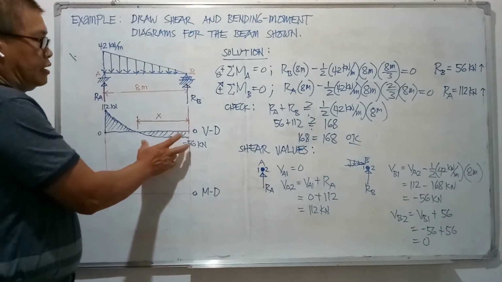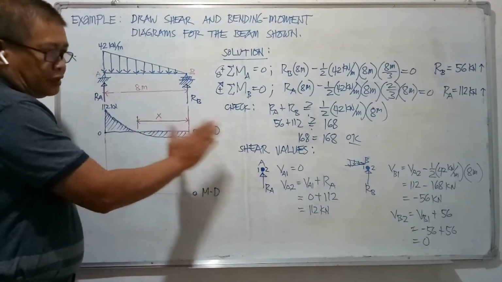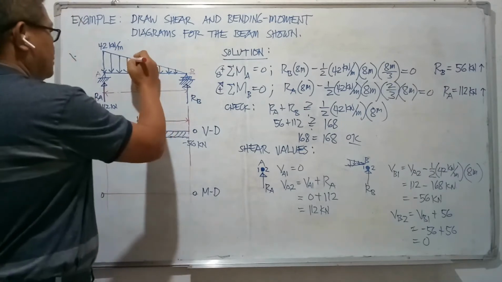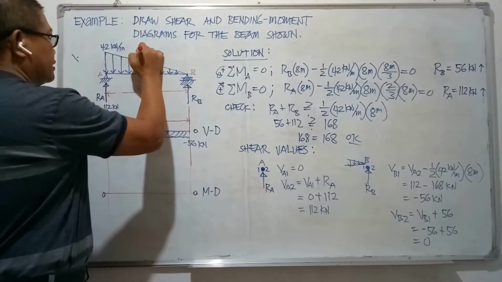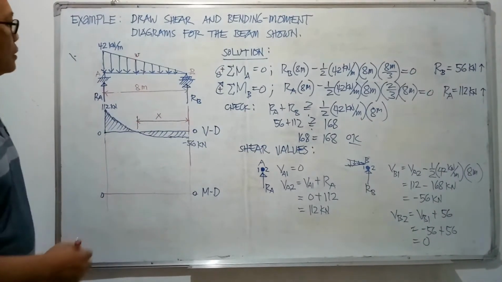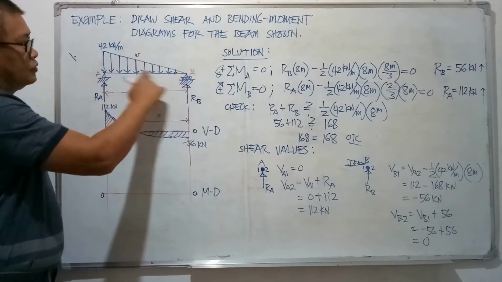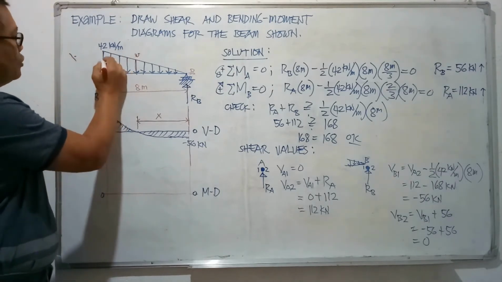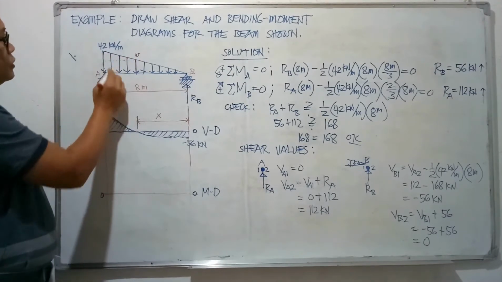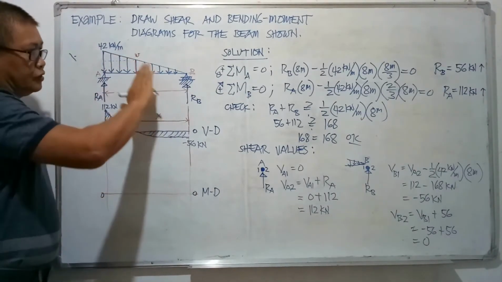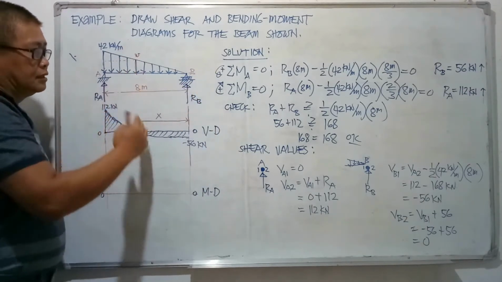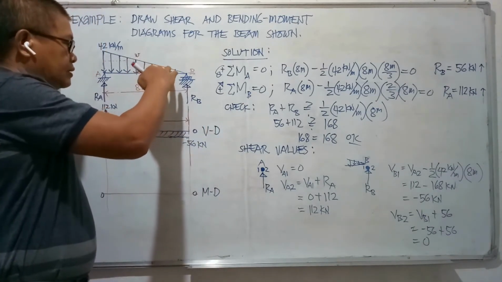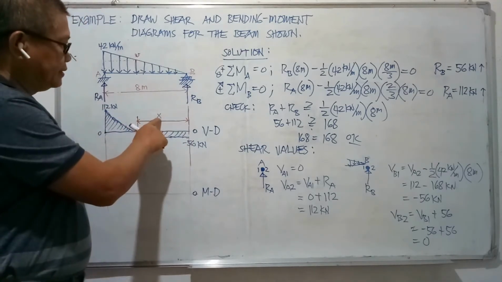It's much simpler and easier to determine x from the right support because of the variation of the loading, since considering the magnitude of the loading here, we can assign this as our W. It will involve only regular loading, while if you consider the left segment, it will be a combination of triangular loading and rectangular loading, meaning the computation of x using the right segment from this point involves only a few loadings together with the reaction in determining x.